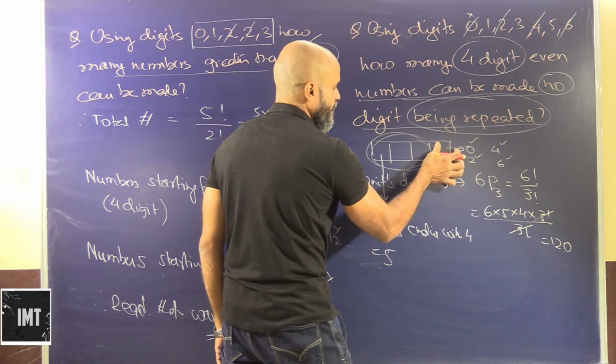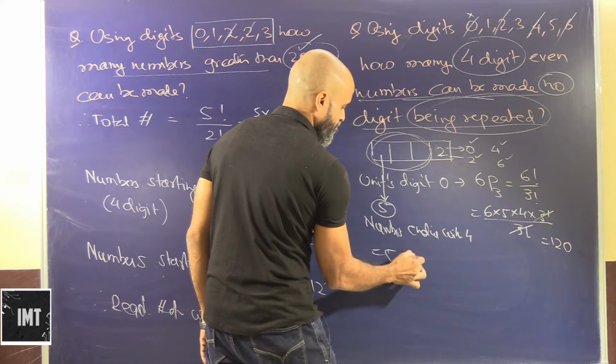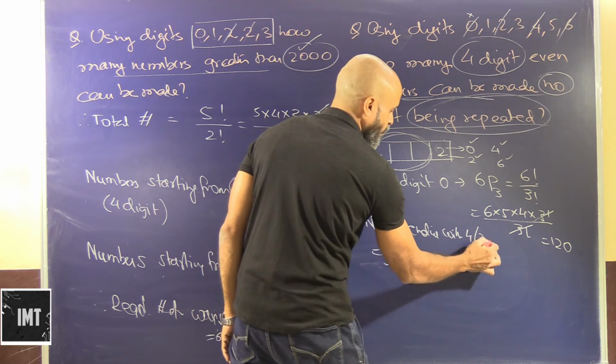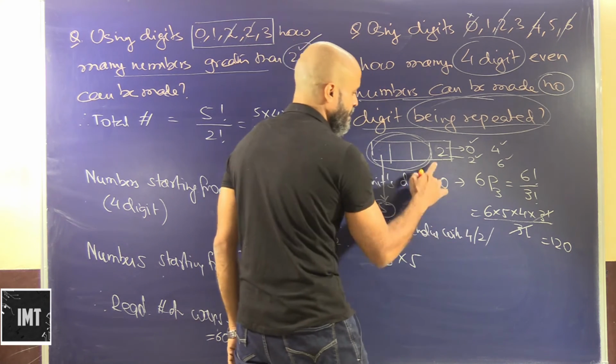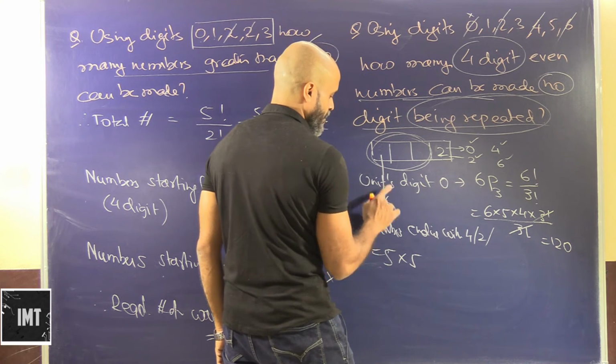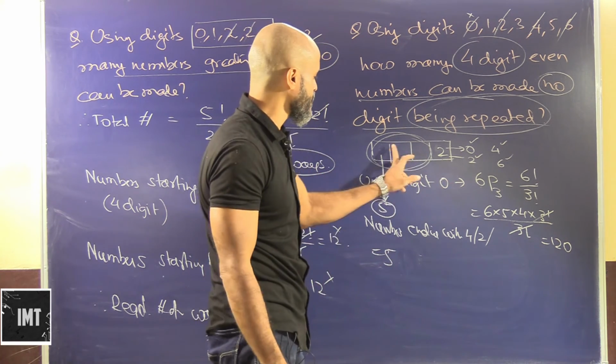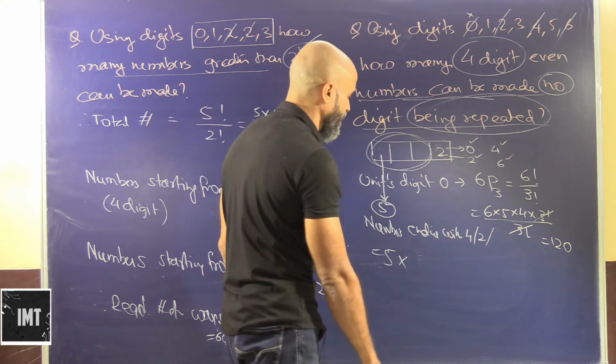If we select 2 at the end, same, this can be filled in 5 ways, and similarly in the case of 6, this can be filled in 5 ways.